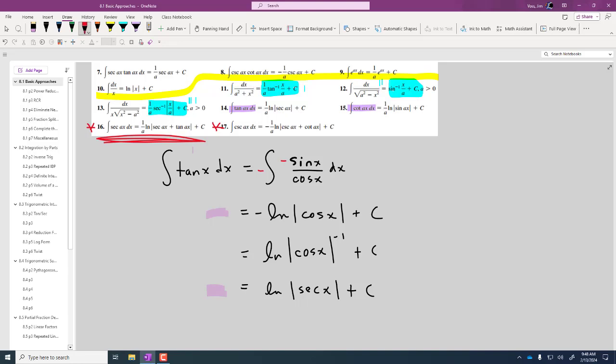There's a minus sign in one of them, but they essentially integrate to each other. If you look at the other 4, tangent, cotangent, secant, or cosecant, all 4 of them integrate to a log function.